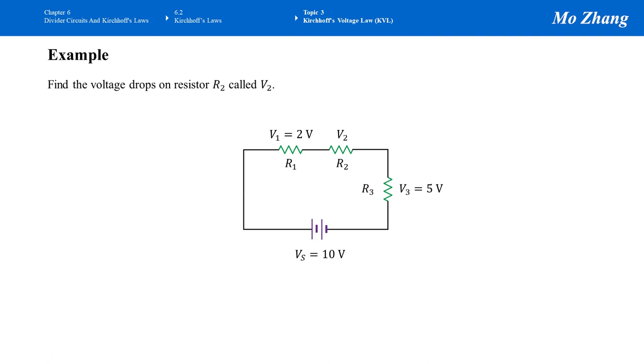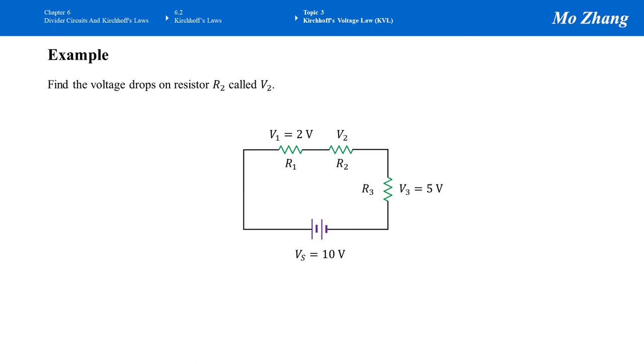Let's take a look at this example. Here is one circuit with one source, Vs equals 10 volt, and 3 resistors. The voltage drop on R1, V1, equals 2 volt. The voltage drop on R3, V3, equals 5 volt.